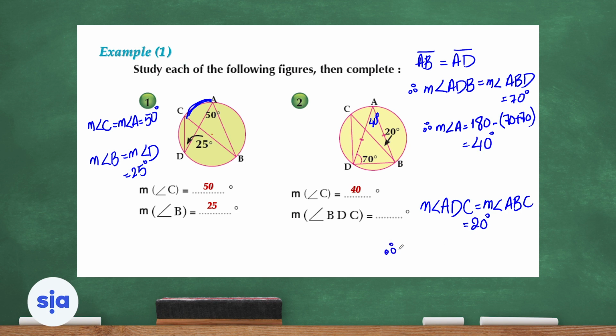Therefore, the measure of angle BDC equals 70 plus 20, which is equal to 90 degrees. So the measure of angle BDC is 90 degrees.